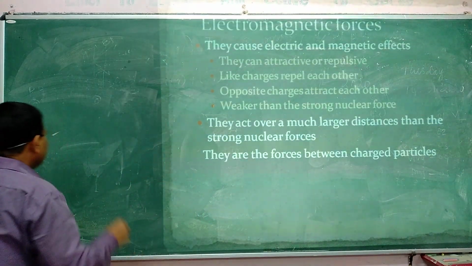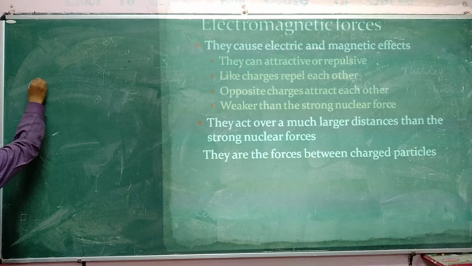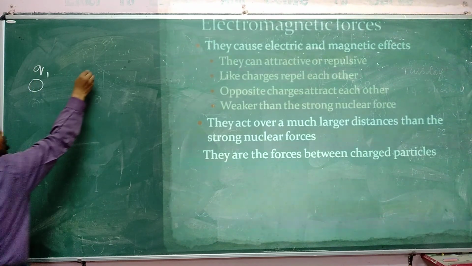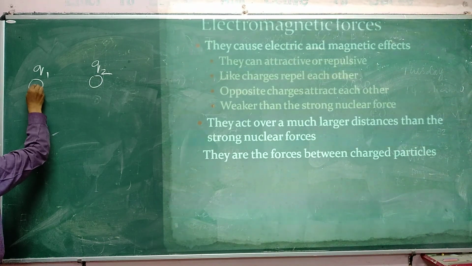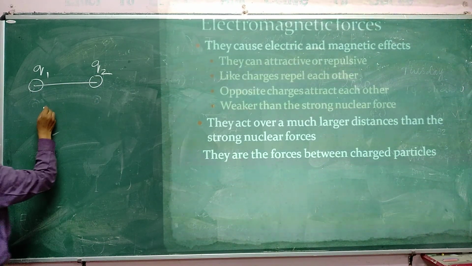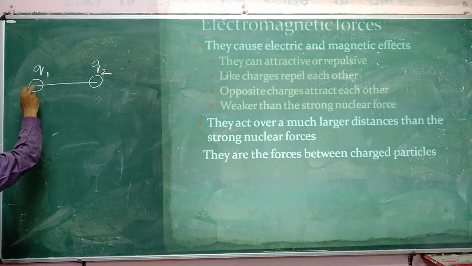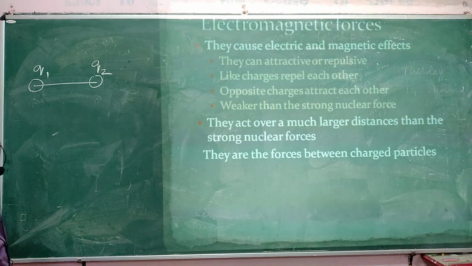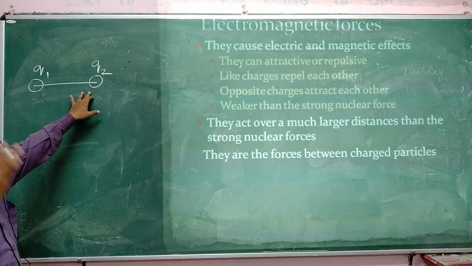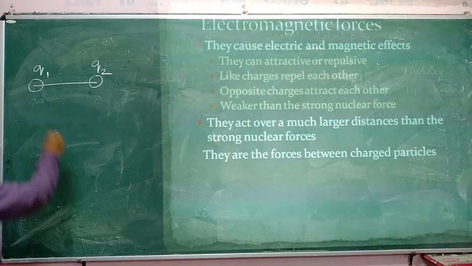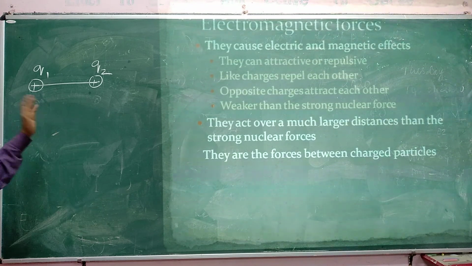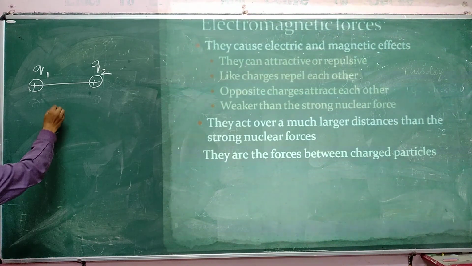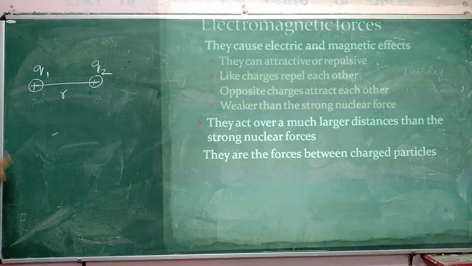He said that the electrostatic force or the electric force between any two charged particles, Q1 is the magnitude of the first charge, Q2 is the magnitude of the second charge. They may be positive or negative, or one may be positive and the other negative, and they are separated by a distance r.